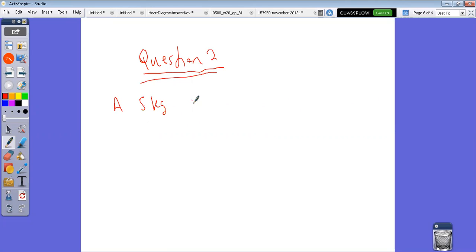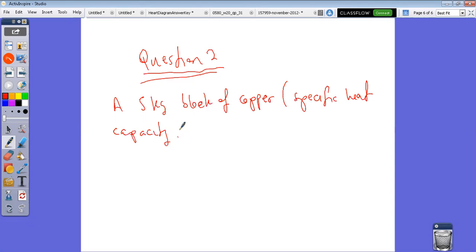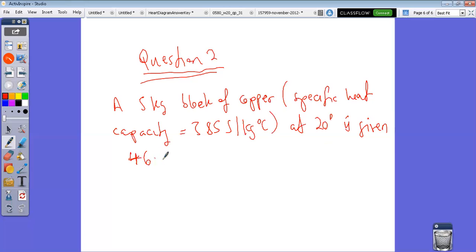A 5 kg block of copper, specific heat capacity of copper equal to 385 joules per kg degree Celsius, at 20 degrees, is given 46,200 joules of energy.